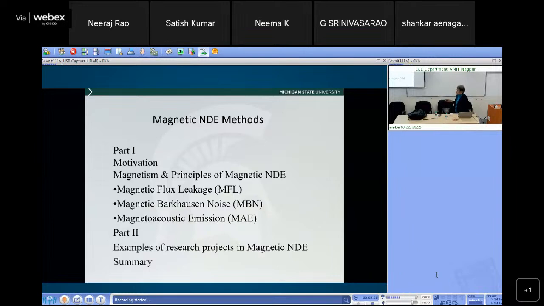And in the afternoon, I'm just going to talk about some example of a project in magnetic NDE. And again, when we get a sponsor-funded project, it's not just on developing the method that is already known, but essentially for a particular type of test geometry, how do you adapt flux leakage to that, and then go through the whole thing, right from sensor design, generating signals, analyzing signals, and coming up with the end result.